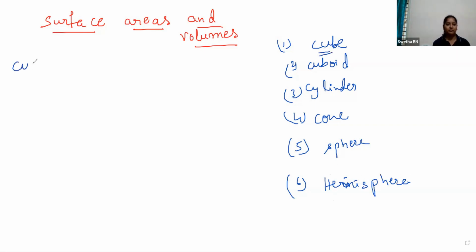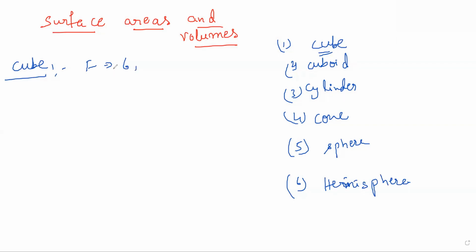Cube. So quickly tell me, how many faces are there in a cube? Ma'am, 6 faces. Okay. Then how many corners? Vertices. Fast. How many vertices?